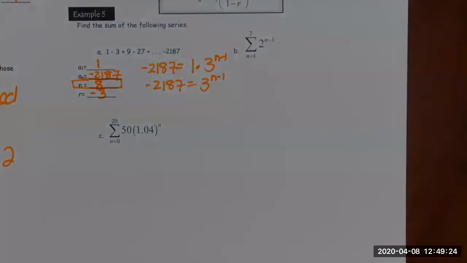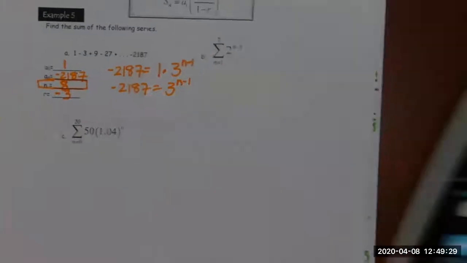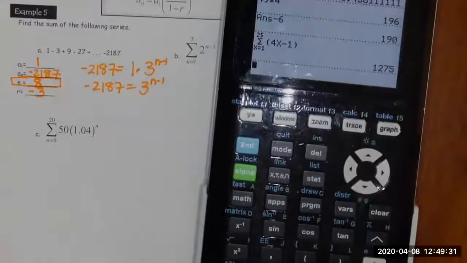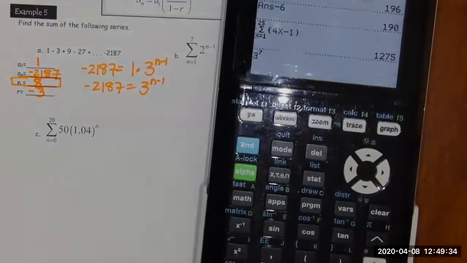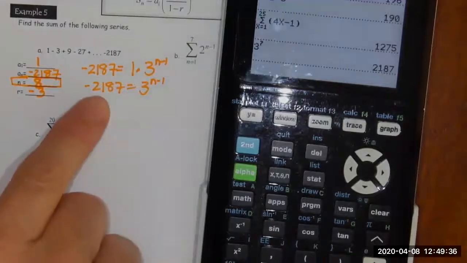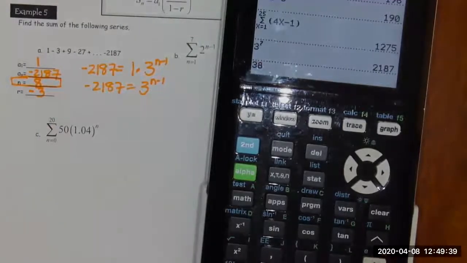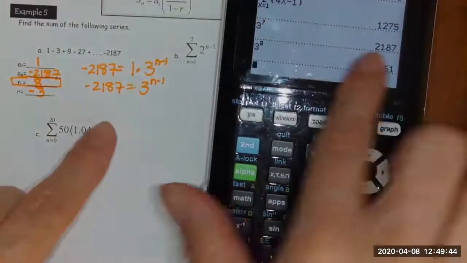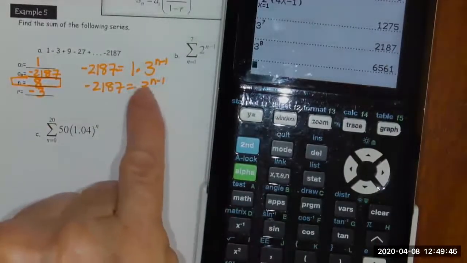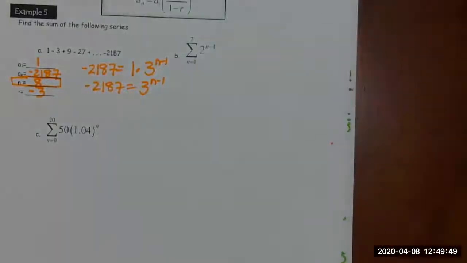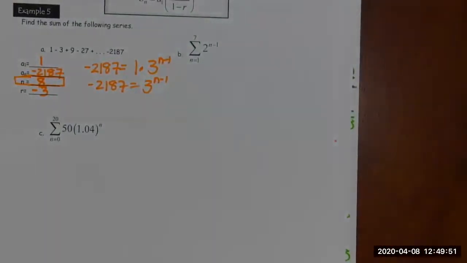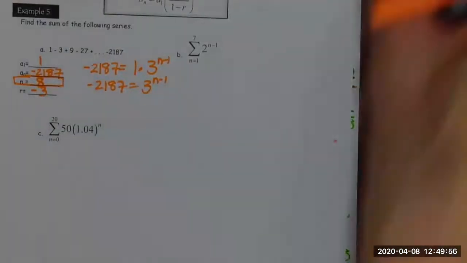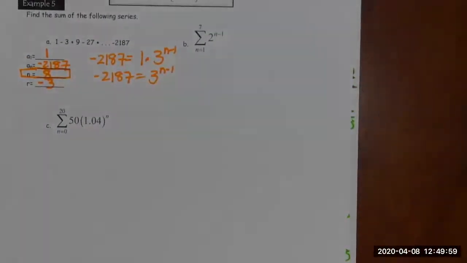I can take the log of both sides, which will allow me to pull the n minus 1 down, or I can just say, that's not going to be very big, so let me just try 3 to the 7th. Oh, that actually worked. If you tried 3 to the 8th, it'd be too big. So 3 to the 7th worked, and this says n minus 1, so I need a 7, so n is 8 because 8 minus 1 is 7. So I just tried with my calculator and figured that out.